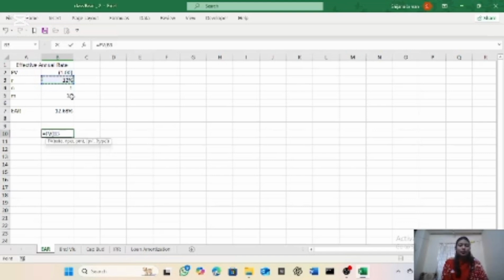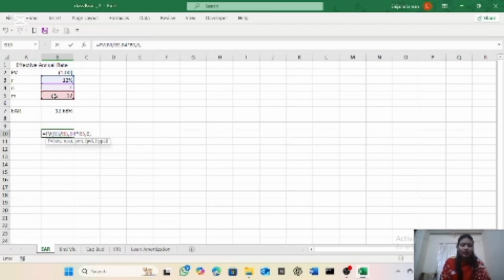Here month is included, that's why for calculating rate we have to divide the rate by month, comma NPER, year into month. We are multiplying with month because here a month is included, comma payment, there is no payment, that's why payment would be 0.